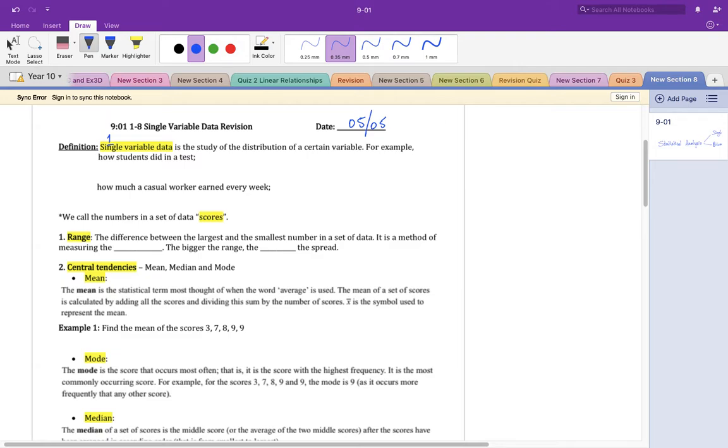So first of all, how students did in a test. How do we record students' performance? So say for the test you just had, how do I record how well you did? I first of all have to record how many marks each single one of you got, right? So let's say in this group there are, say, 5 students. First student got 46, second one 68, I'm just making up numbers, and then 75.